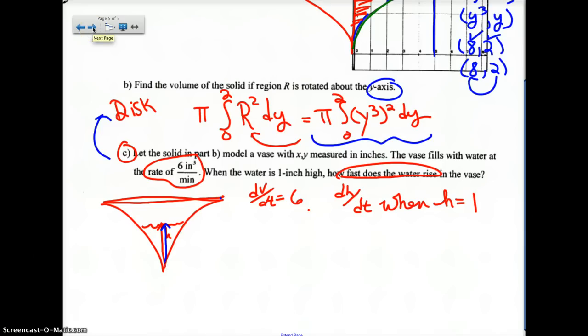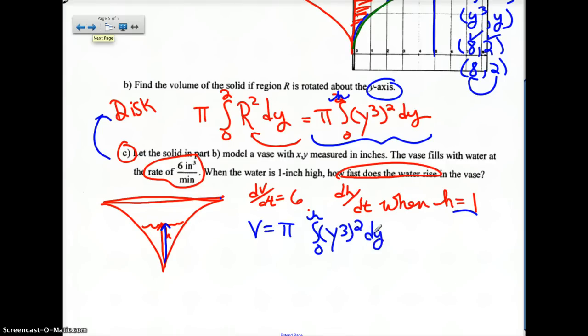So the top of the integration is the height h, and as I fill it up, that's an unknown. I'm going to stop the height at 1 and see what's happening, but it is varying as the clock starts. So the volume is equal to pi times the integral from 0 to h of y cubed squared, y to the 6th, dy.